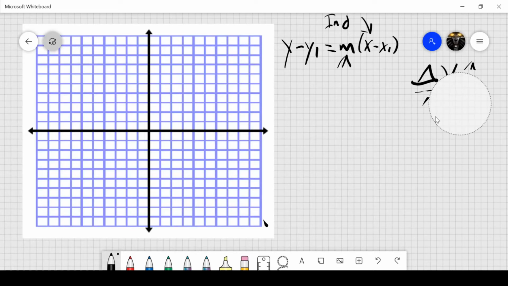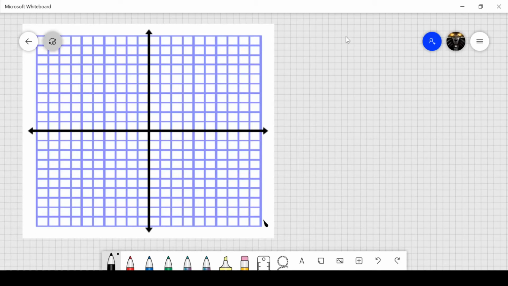All right, standard form. This is where we have to actually do some arithmetic. So let's say 2x minus 3y equals 6. So first, we have to remember we want to get y on its own.